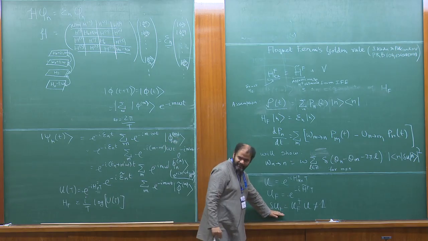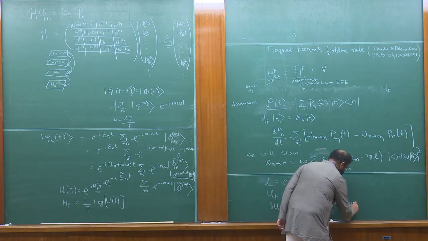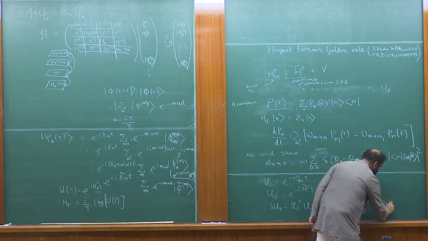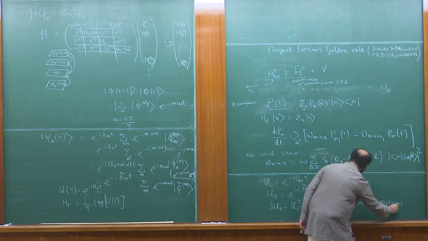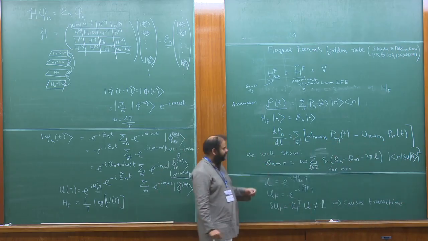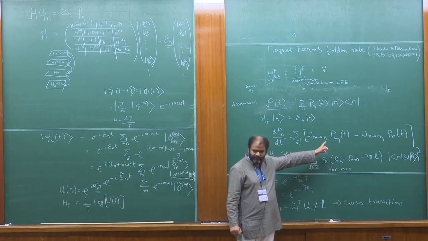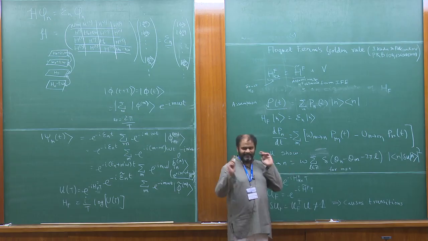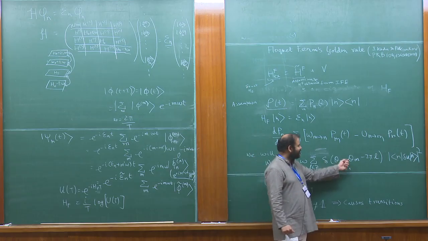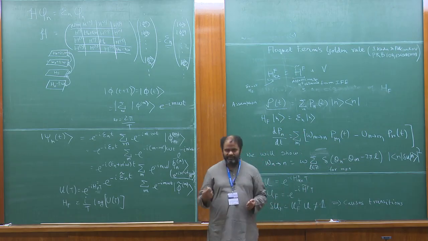So this delta UF causes transitions, and the formula for that is the following. This is the rate at which you are going to go from m to n, and the rate itself dictates that there will be an omega kind of thing, right? Then you have this delta function which is telling you energy is conserved modulo h bar omega.